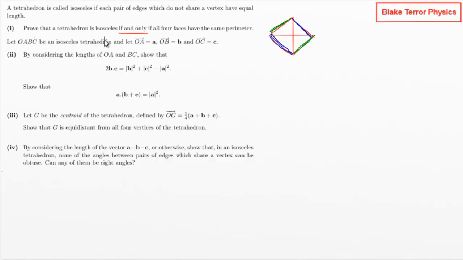So we've got to prove that the tetrahedron is isosceles if and only if all 4 faces have the same perimeter. So we've got to do 2 things for an if and only if. We need: if all same perimeter, then it's isosceles.